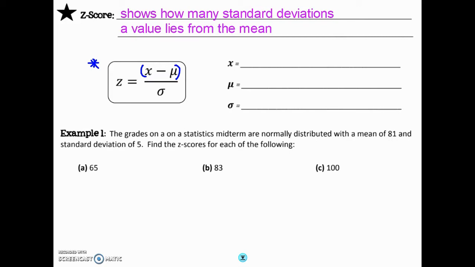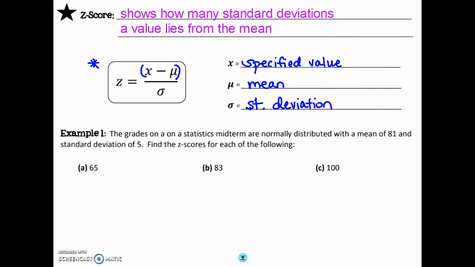X is going to be the specified value. So the specific value we're going to be giving. We'll go over that in a second, what that looks like. Mu is always going to be the mean of our data, and sigma is always going to be the standard deviation of our data.